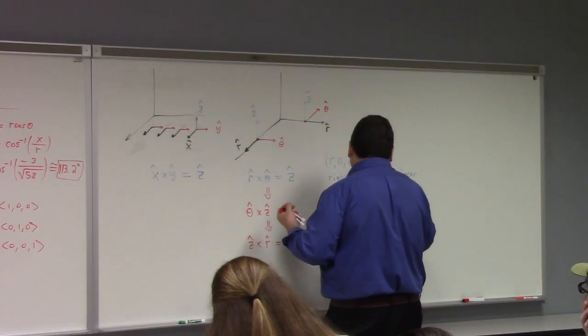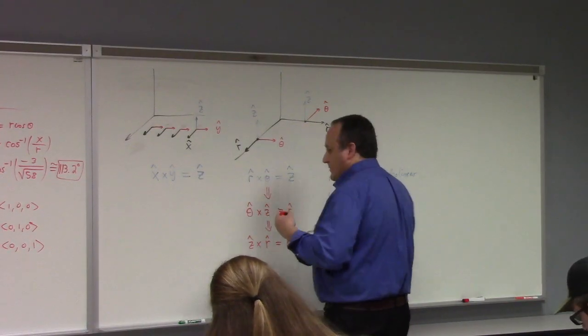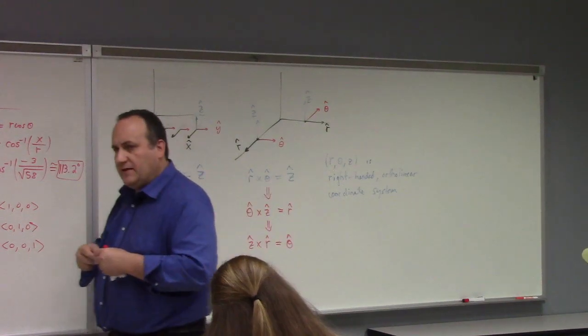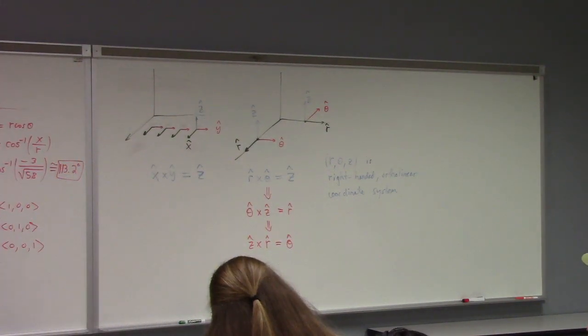When we talk about an ortholinear coordinate system, what I mean is that the unit vectors to the coordinates meet at right angles. And right-handed means that if I look at the first two coordinates and take the cross product of their unit vectors, I get the third. Like x, y, z is a right-handed coordinate system because x hat cross y hat is z hat.